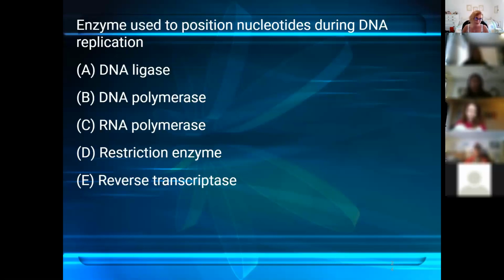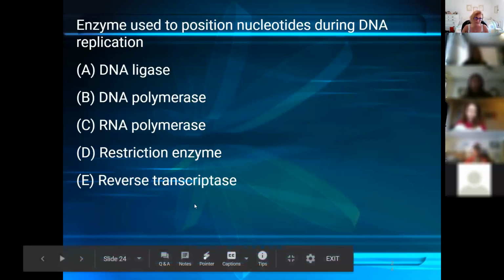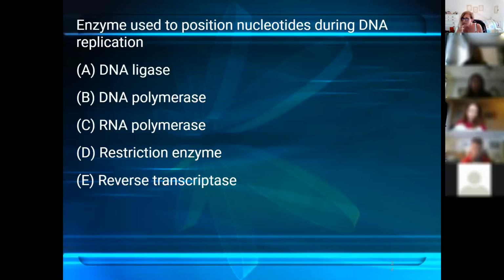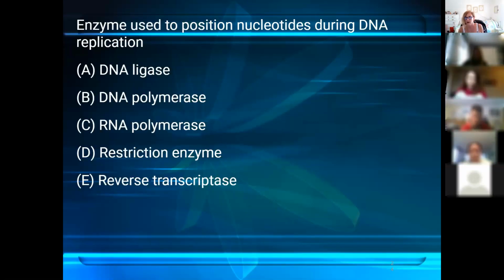So reverse transcriptase, what do you think, just by its name, what might it do? Do you remember what transcription is? Transcribing is rewriting. What am I rewriting? The genetic code. So if I'm not making DNA, what am I making? RNA. Okay, so transcription is going from DNA to RNA.